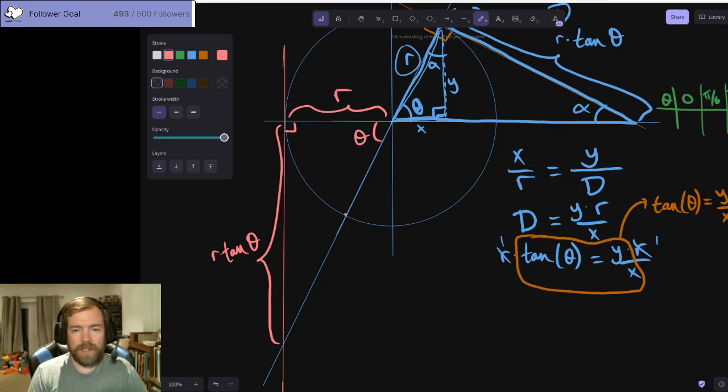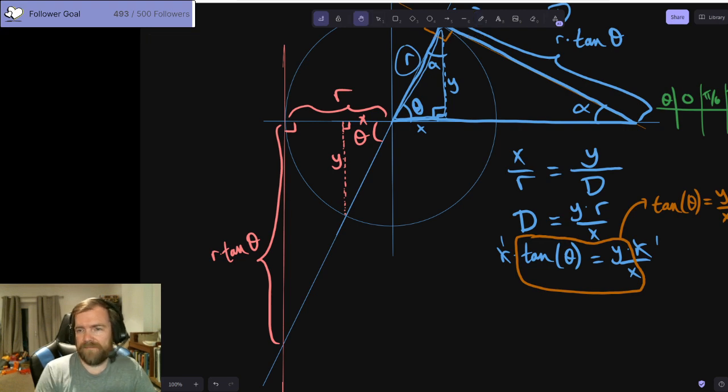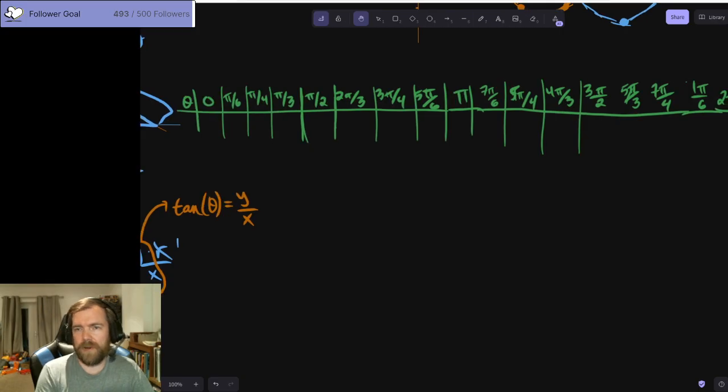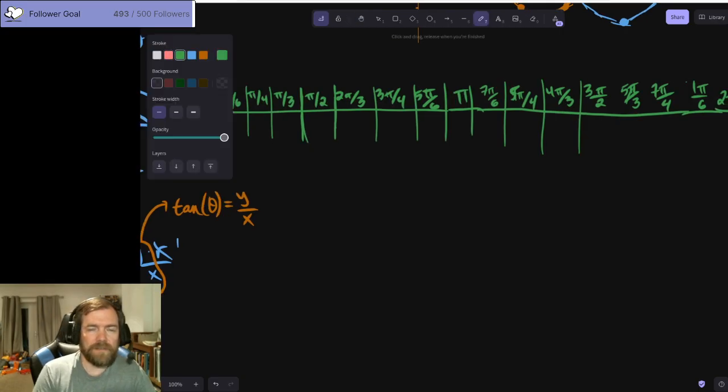You could draw in your original triangle here if you wanted to as well. So you got your x there, you got your y there, you got your right angle there. This is just one of those nested similar triangles. This is geometry stuff, going back to maybe 10th grade, depending on where you hit geometry.